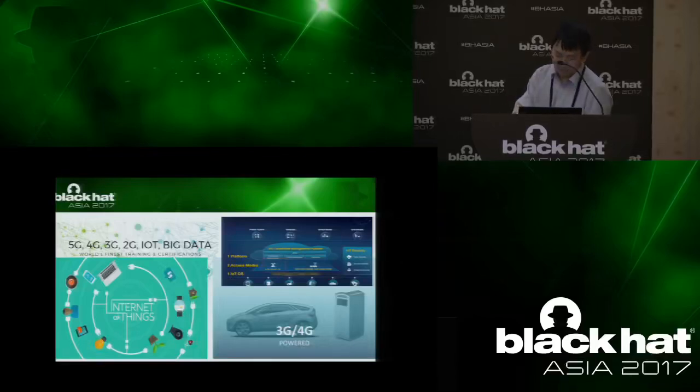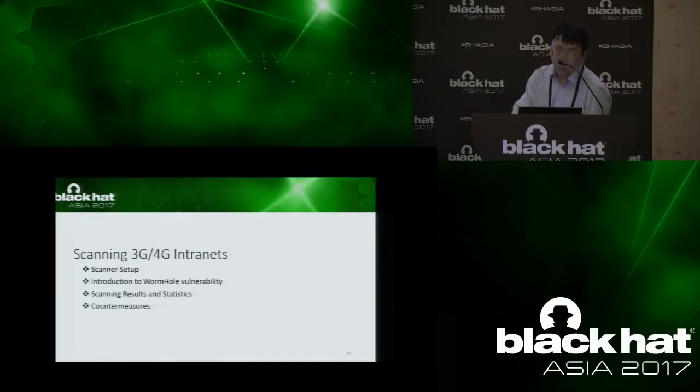Next, I'm going to introduce you our work, the network scanning against those 3G and 4G intranets. In this part, I will introduce the scanners we set up, and also the case study, the WormHole vulnerabilities, and several scanning results and statistics which you may be interested in. And we will also have a short discussion about the countermeasures against network scanning in the open 3G, 4G intranets. Okay?